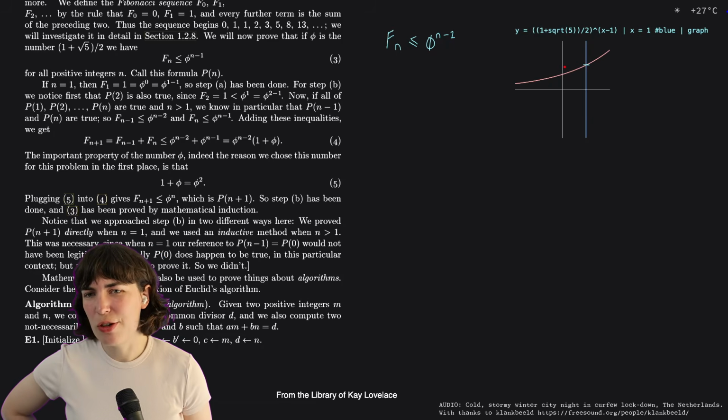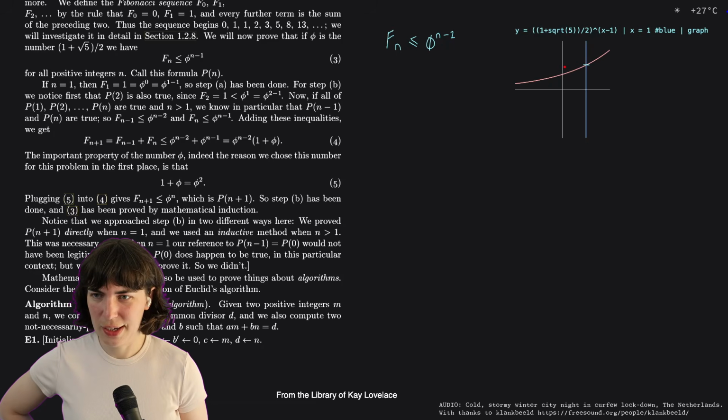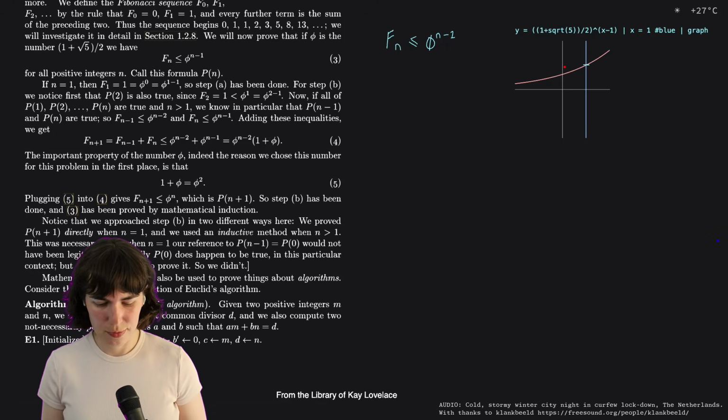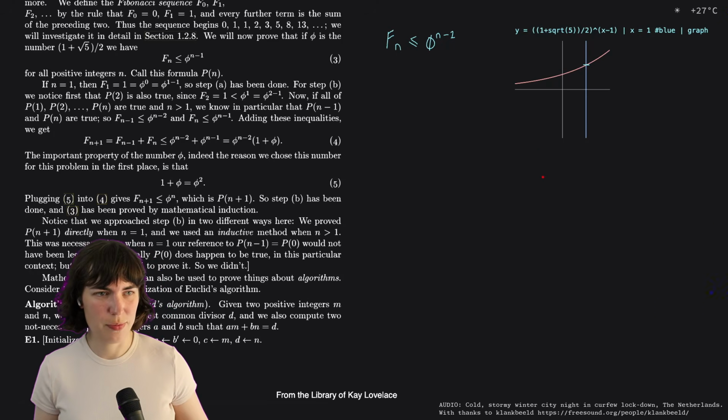Wait, so we're trying to prove that phi is the number. If phi is the number, we have Fn is less than or equal to phi to the power n minus 1. Okay.